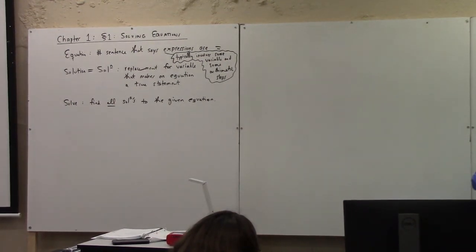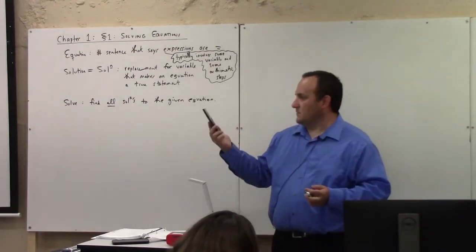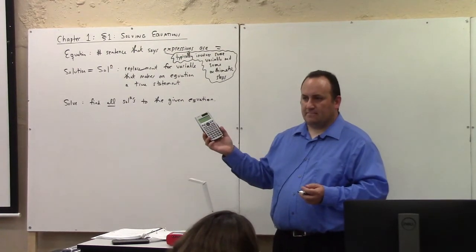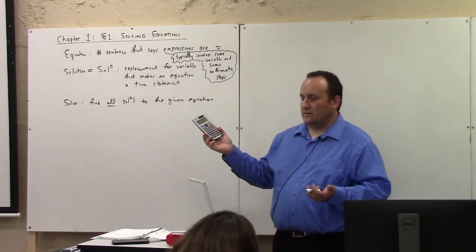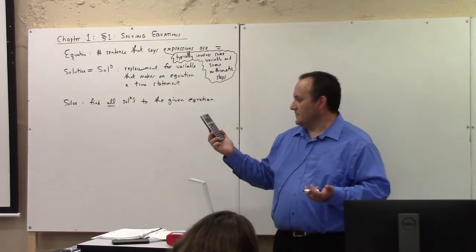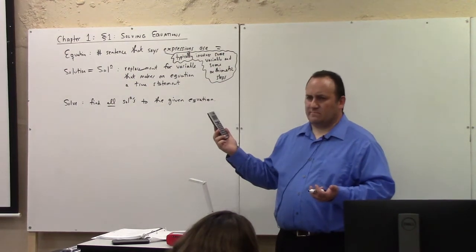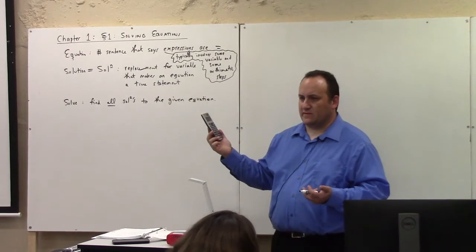But this is the calculator I've been using for about half a decade. This is the Casio FX115ES, and I found it does pretty much everything I want, and they're relatively cheap. I think you can get one at Walmart for $14 or something like that, maybe less in the back to school sale.